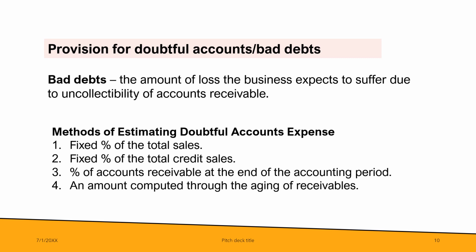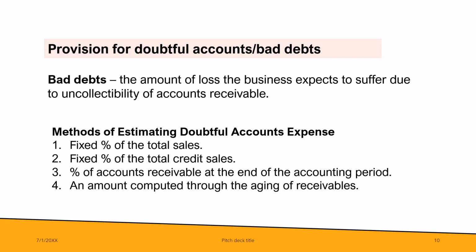The same with your number two. Whatever is the amount computed will be your debit to doubtful accounts expense and credit to your allowance for doubtful accounts. Let's say still 3%, but the basis is on the total credit sales, or total service revenue on credit.